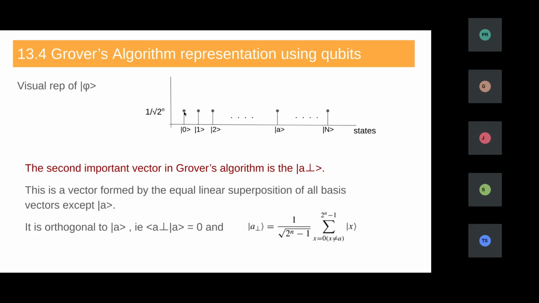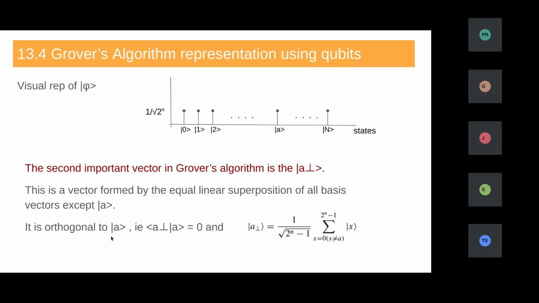So x is nothing but this x except this. For x not equal to A you are getting the state, and for x equal to A, you are getting the ket A itself.